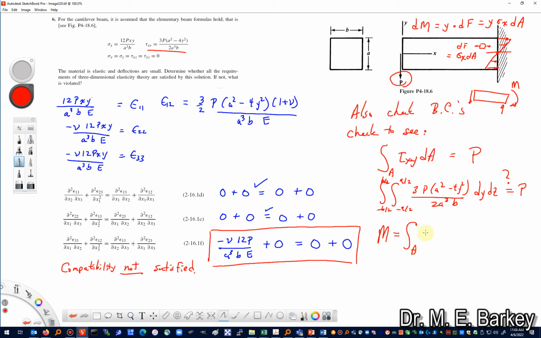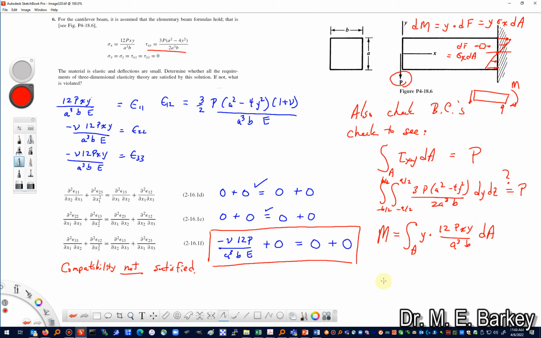of y times 12Pxy over a cubed b dA. Of course, you'd have the same limits, and this would be a double integral dy dz.